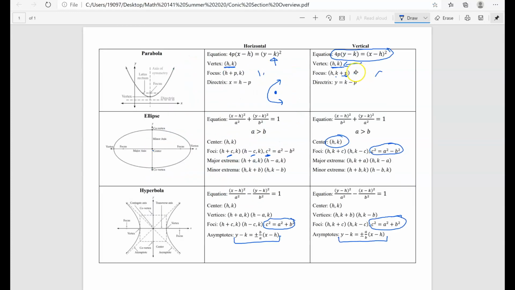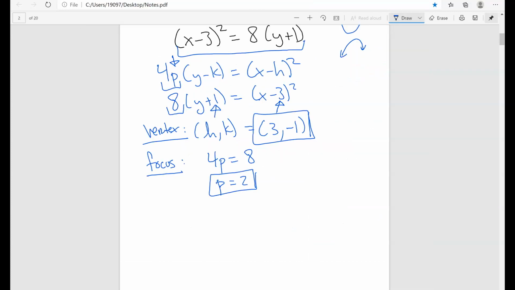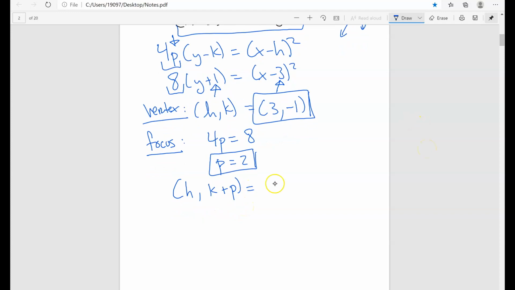If you want to find the focus, you're just going to add p to the k. So the focus is going to be h, k plus p. So now in this case, h is just equal to 3. This is negative 1 plus 2. So this is going to give me 3, and negative 1 plus 2 is just going to give me 1. Okay, so that's what that one's going to be.